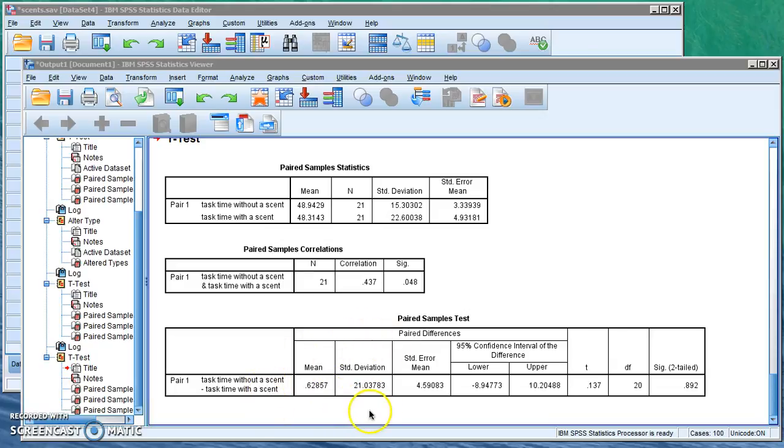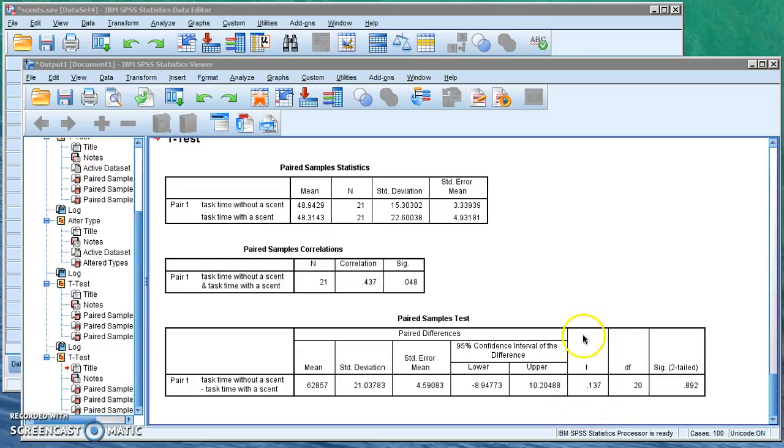It will tell us our standard deviation, our standard error mean, and our 95% confidence interval of the difference, which shows us our upper and lower bound on the difference between the two pairs. But really, to analyze your data, you want this right-hand side.